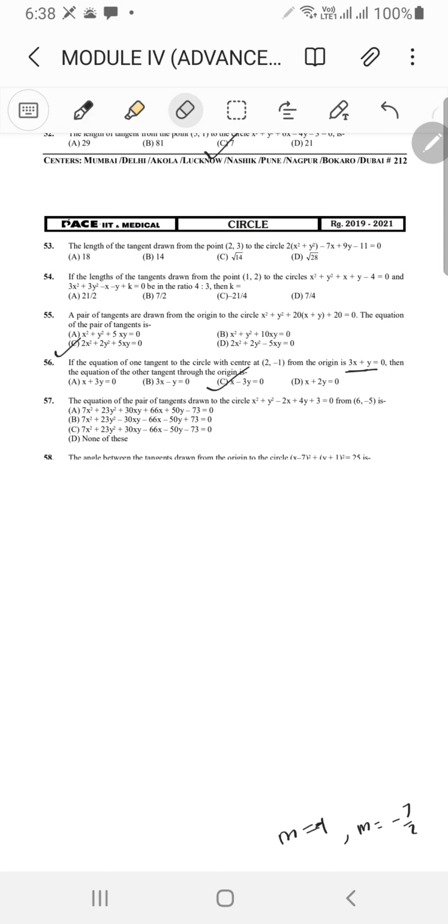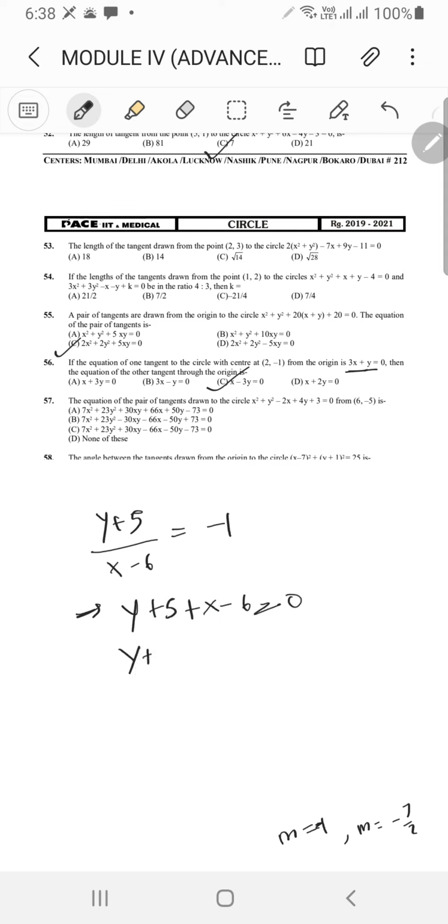Oh, come on. So (y plus 5) upon (x minus 6) is minus 1. First of all, it is y plus 5 plus x minus 6 equal to 0. In other words, y plus x minus 1 equal to 0. Oh, we want to find the pair of tangents.